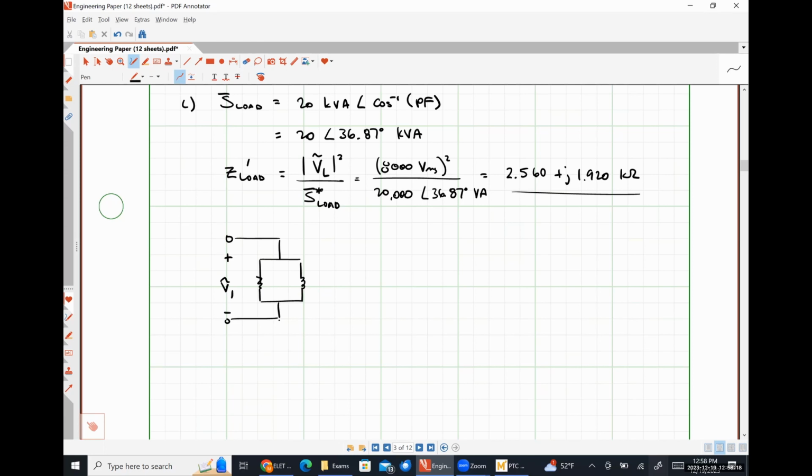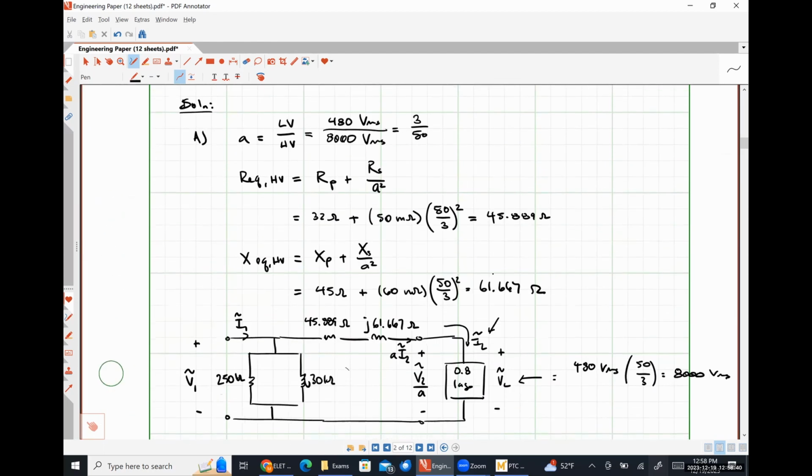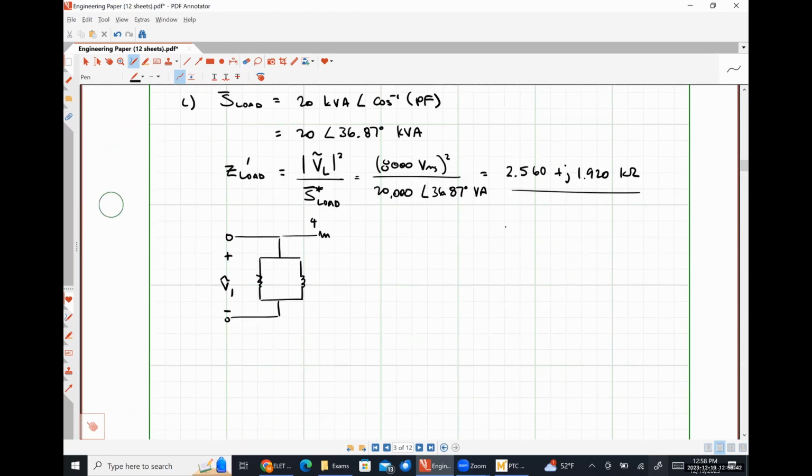Here's my shunt branch. This impedance literally isn't going to matter at all because it's directly in parallel with the voltage that I'm trying to find. So it's not going to impact my voltage division relationship in any way, shape, or form. I have this resistance, which was, let's see, on the primary side, 45.889.